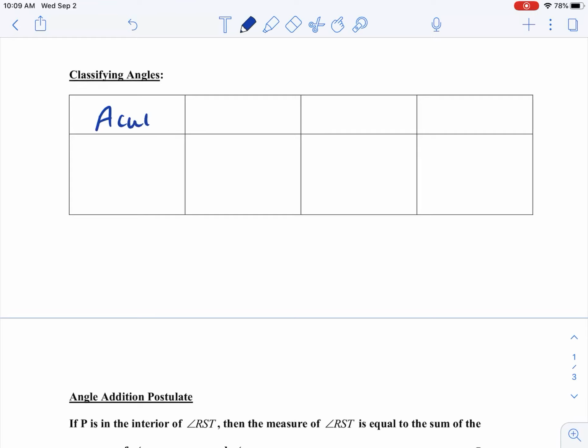Now we're going to talk about the different kinds of angles. So we have an acute angle, we have a right angle, obtuse, and we have a straight angle. I believe these are things that you have seen before.